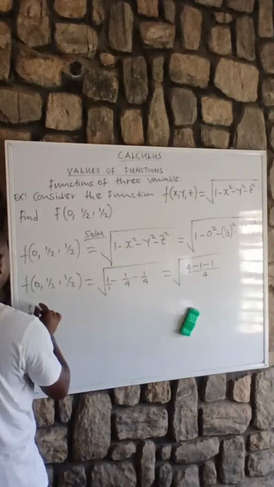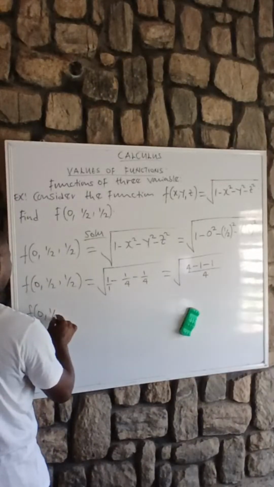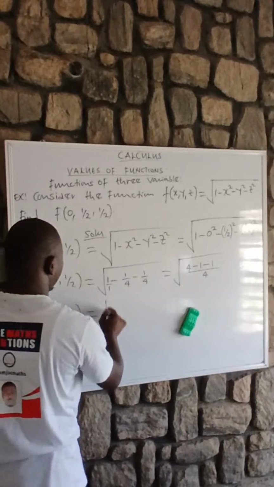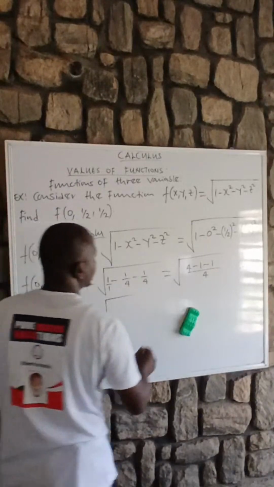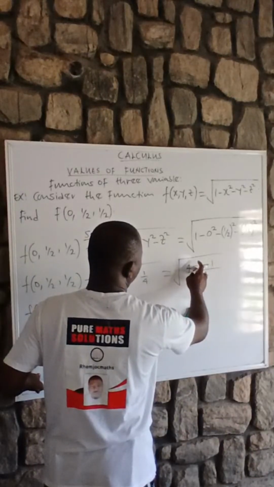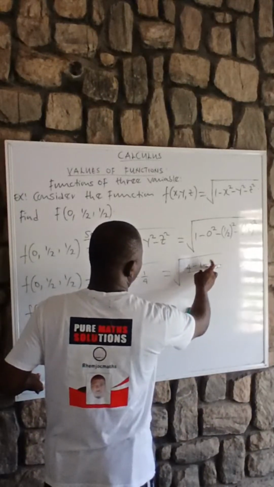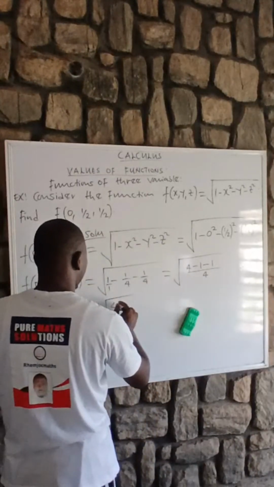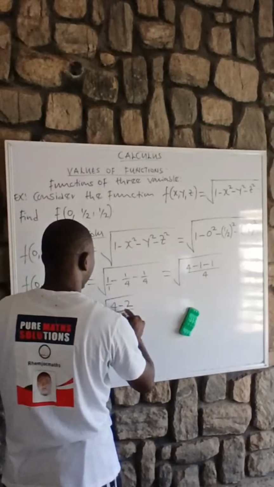So our f of 0, 1 over 2, 1 over 2 is now equal to the square root of 4 minus 1 minus 1. Let's add this up. Minus 1 minus 1 gives us minus 2 over 4.